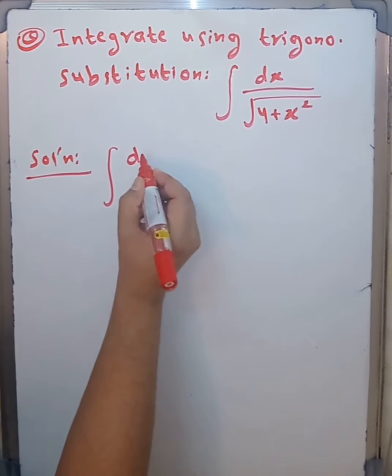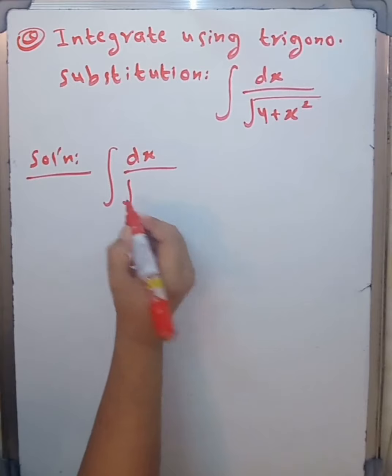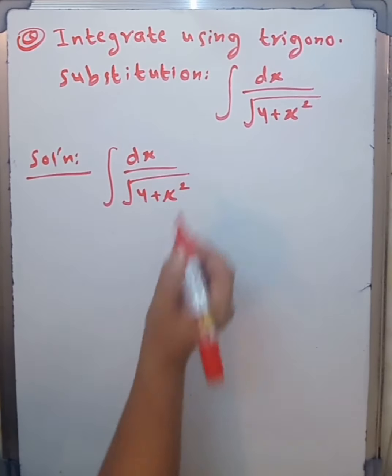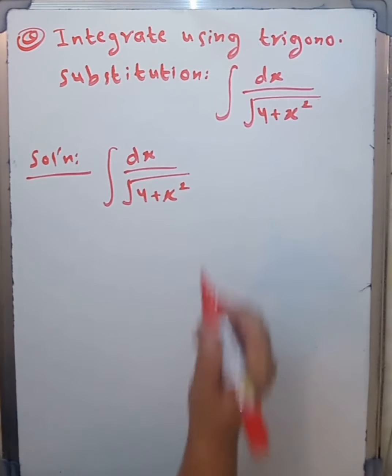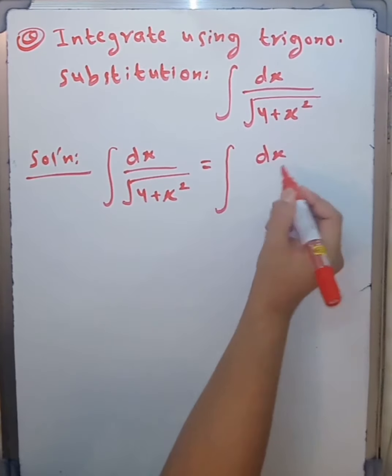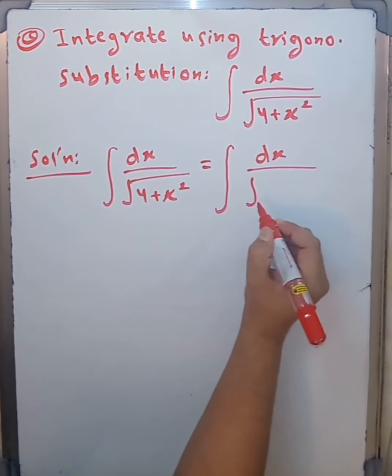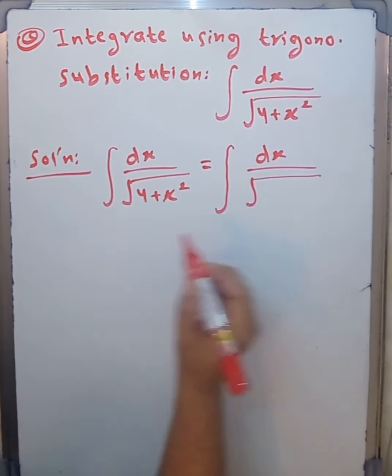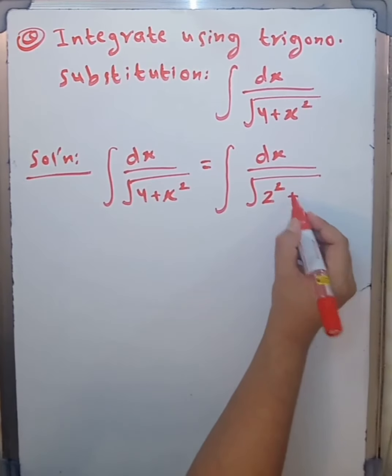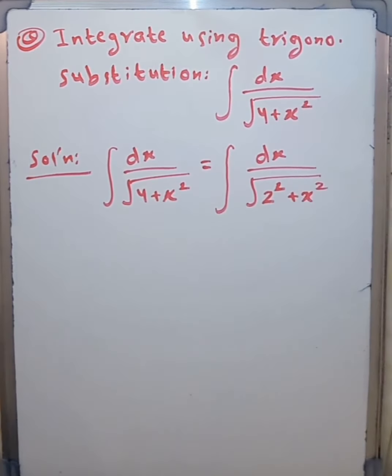Integral dx over square root of 4 plus x square can be written as integral dx over square root, 4 we can write as 2 square plus x square.